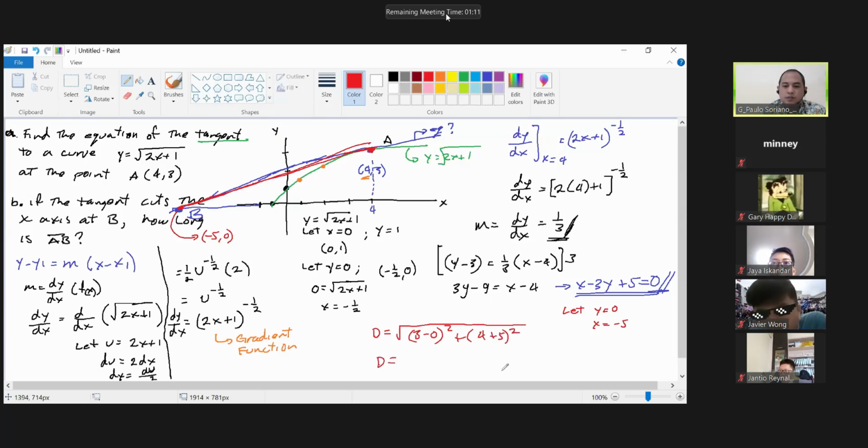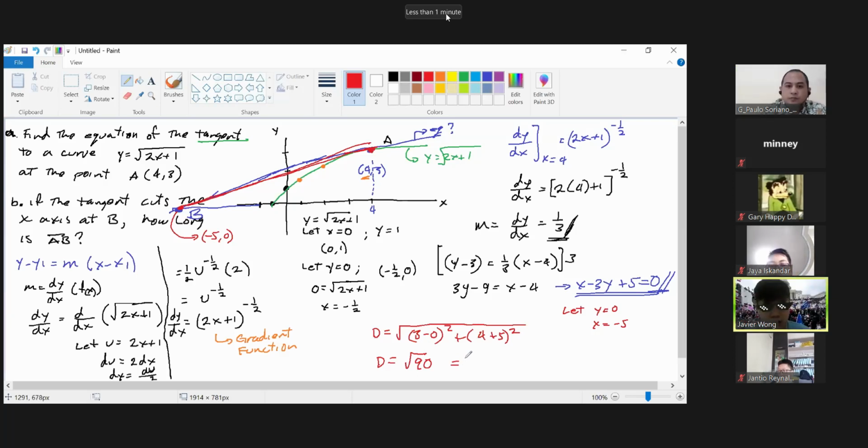So that is the square root of 81 plus 9, the square root of 90. In decimal, it's 9.49. Okay, done.